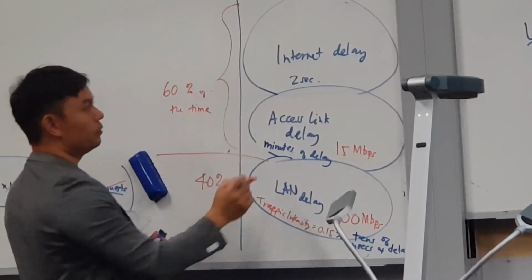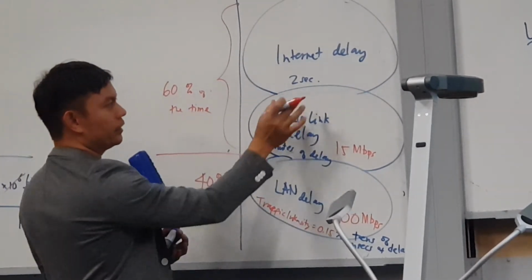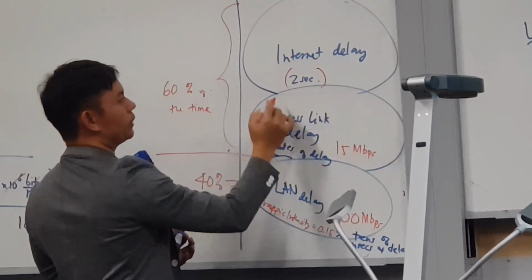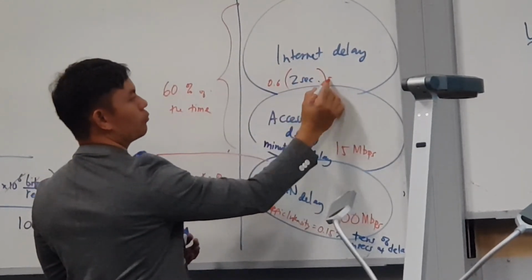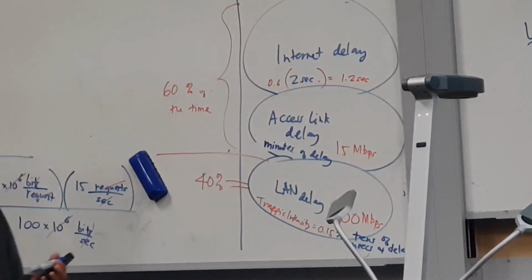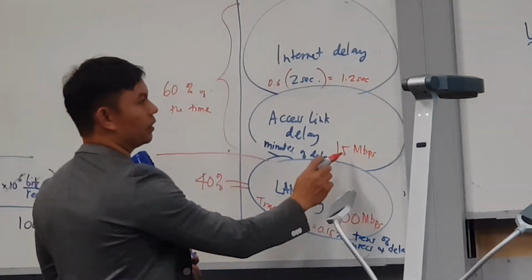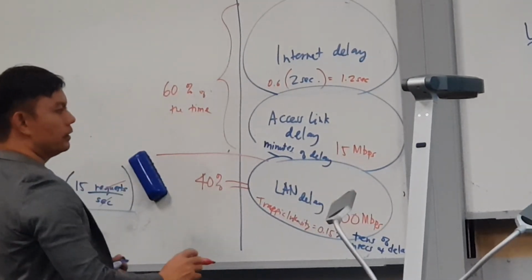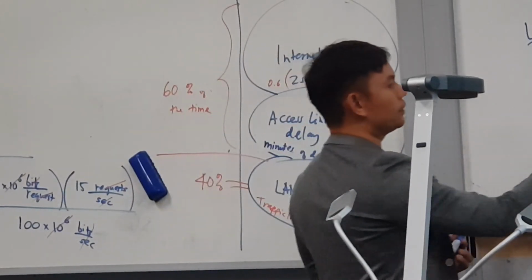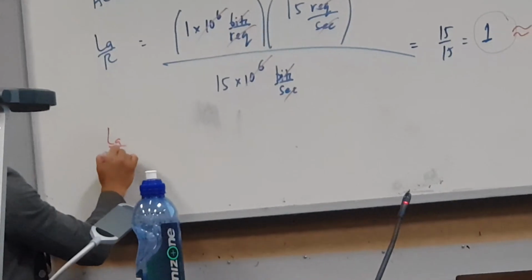So we can do a simple math. Okay. Instead of just 2 seconds, we need to compute for 60% of 2 seconds. That's 1.2 seconds. So it's no longer 2 seconds then. What about this 15 megabit per second? If we're using 15 megabit per second, we know that the traffic intensity is equal to 1.